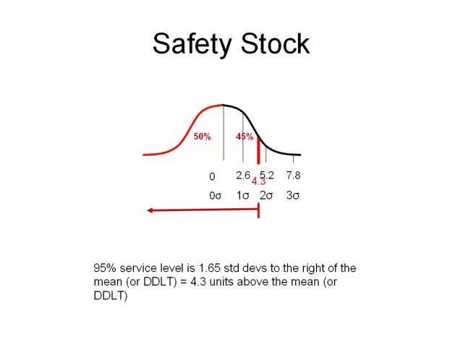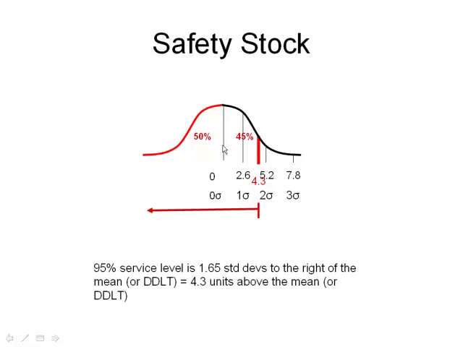Here's just a picture of what we just did. We took our 95% service level, which is really equivalent to 45%, or probability of 0.45, above the mean or above the midpoint. We looked that value up, and we figured out that that was equal to 1.65 standard deviations above the mean.